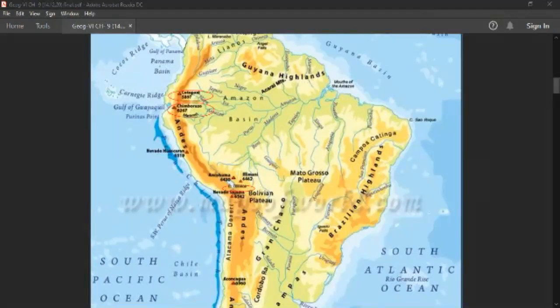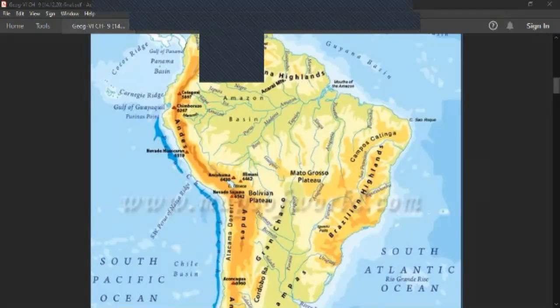Now, the second physical feature is the western coastal strip. It moves along the coastal area.